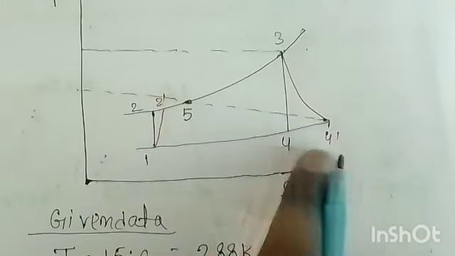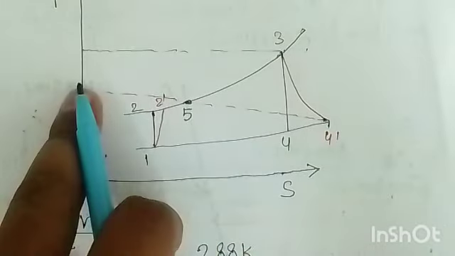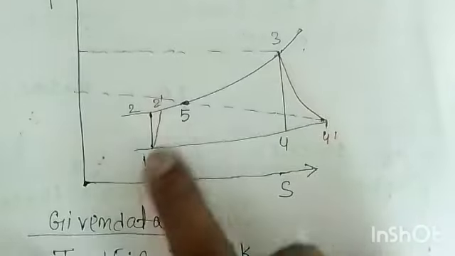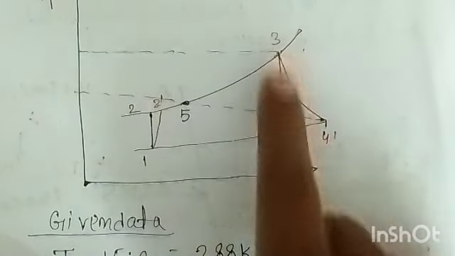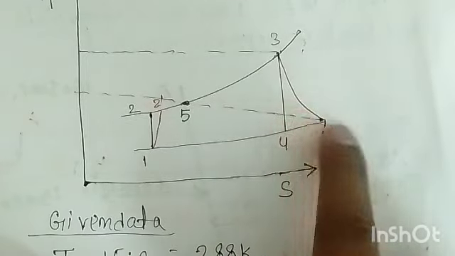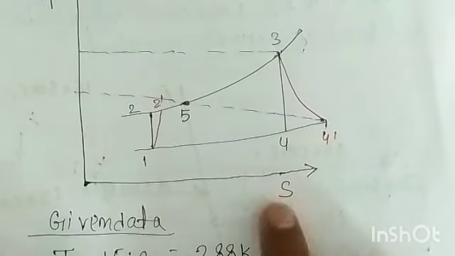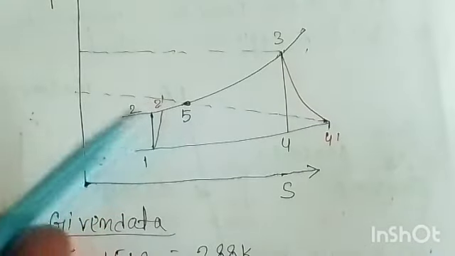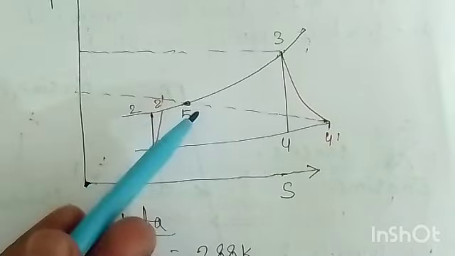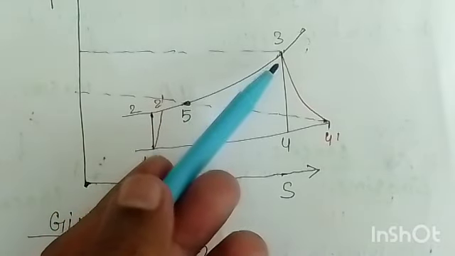Actually if I remove this heat exchanger, that is the regenerator, then the heat is supplied from T2 to T3, but these exhaust gases are utilized to heat the air which is coming from the compressor side, right? So now the heat supplied is not from here, but we'll take it from 5 to 3, right?